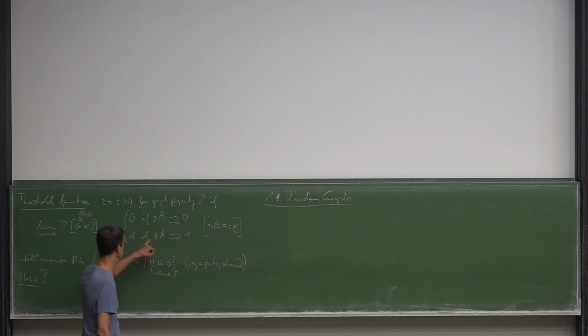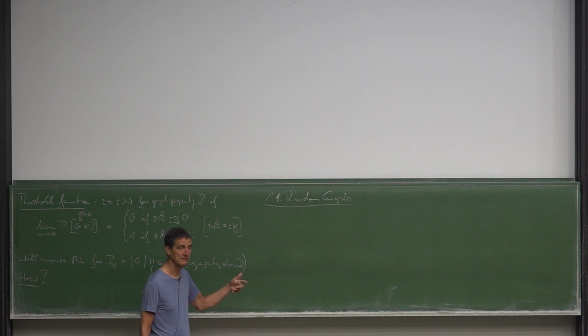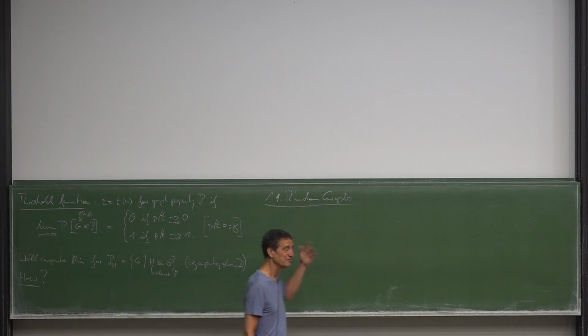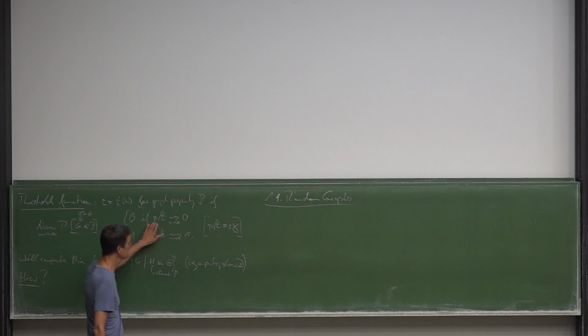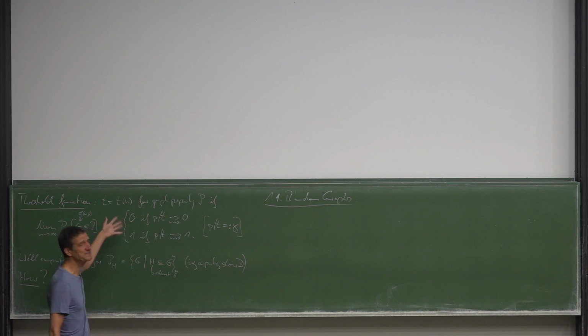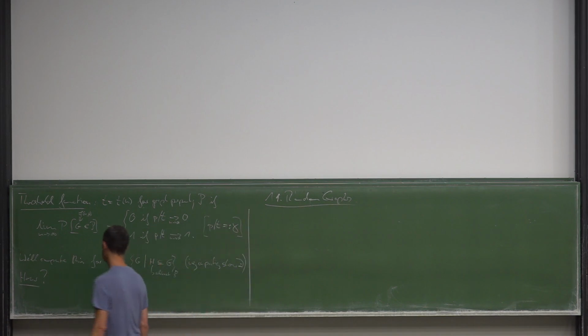And for p growing faster, we'll have to show that almost every G in G(n,p) has the property. Sorry, I hope I said that right last time round. So for slow growing p, we want almost no graph to have the property. For fast growing p, we want almost every graph to have this property. Okay, and these are two rather different things to prove, and the methods also differ a lot.